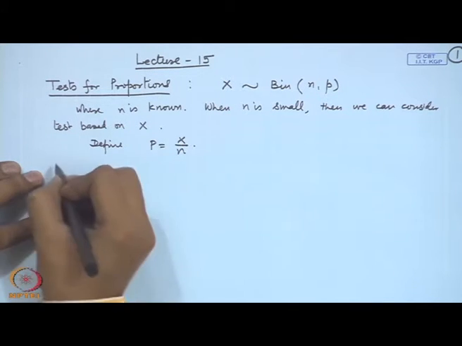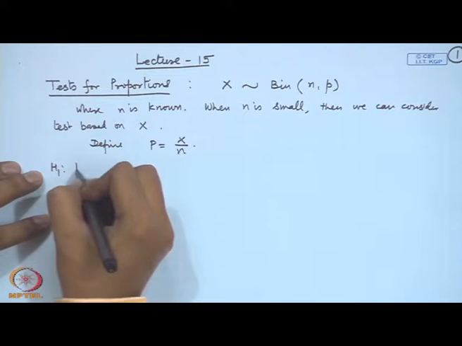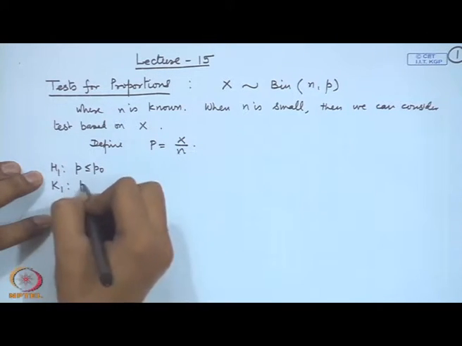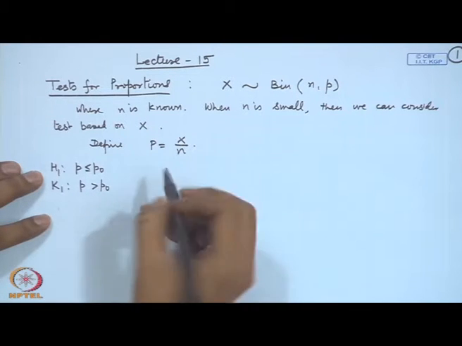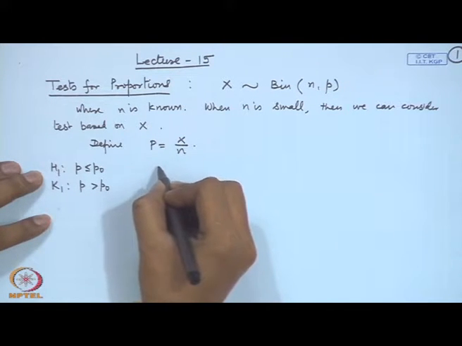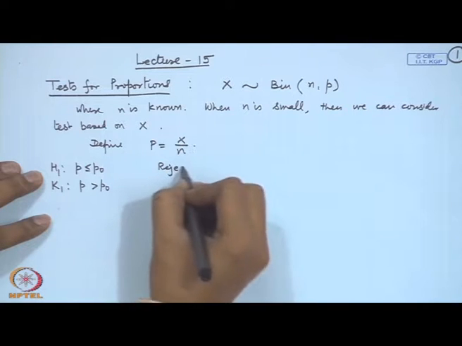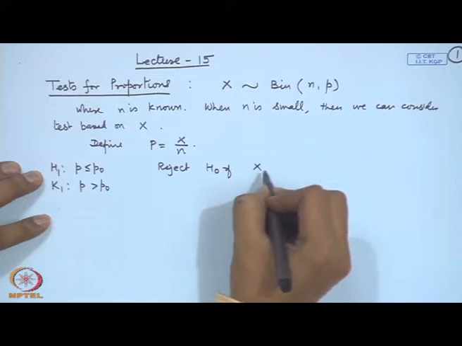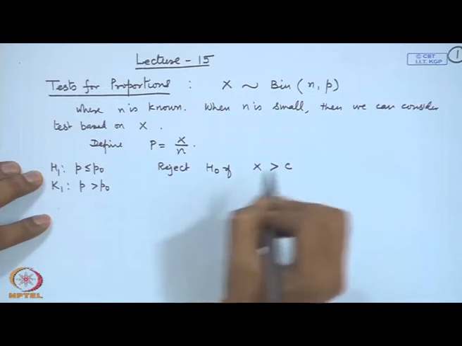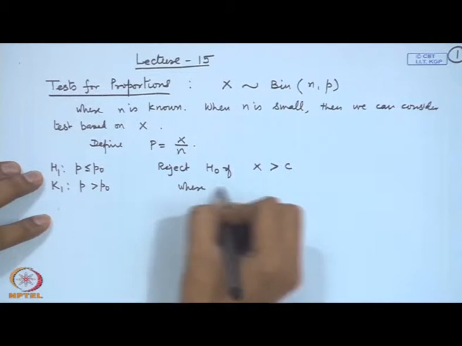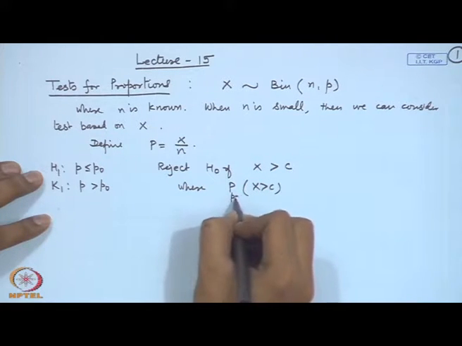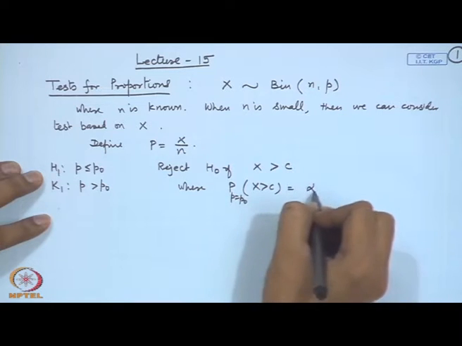Suppose my hypothesis testing problem is p less than or equal to p naught against p greater than p naught. Then we can consider the test as: reject H naught if X is greater than some c, where the probability of X greater than c when p is equal to p naught is equal to alpha.